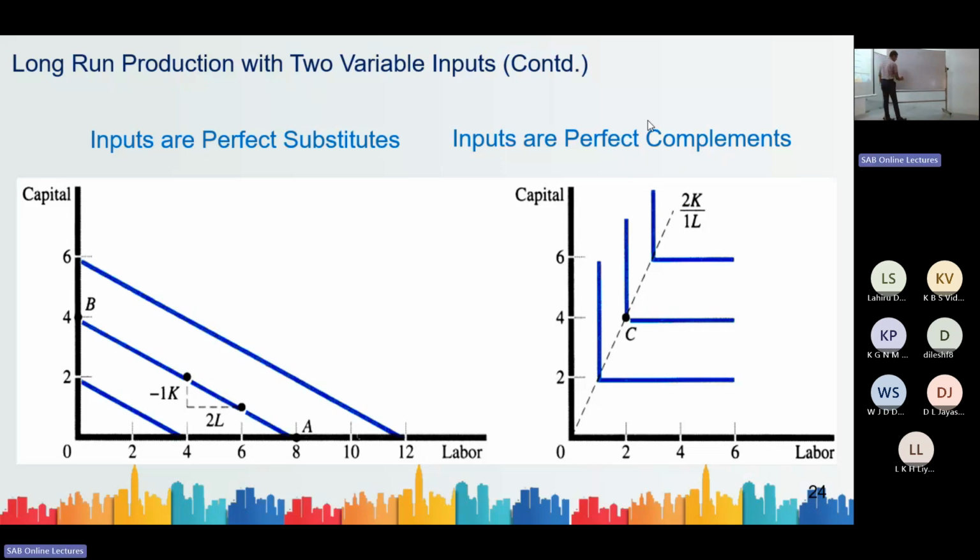In this case, we can show the isoquant curve like this. If we put X here and Y here, to produce 1 kilogram of tablets it requires 300 grams of X and 700 grams of Y. So the efficient production point will lie only at this corner.